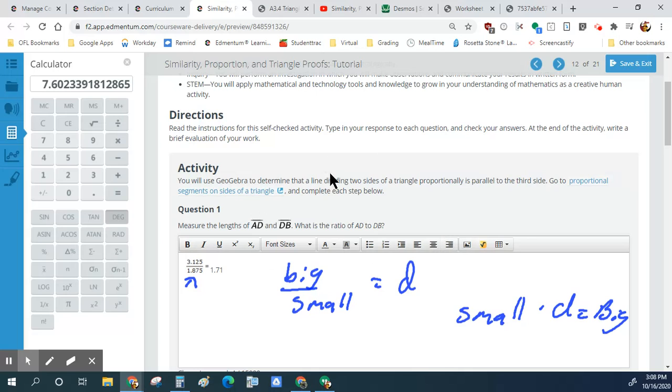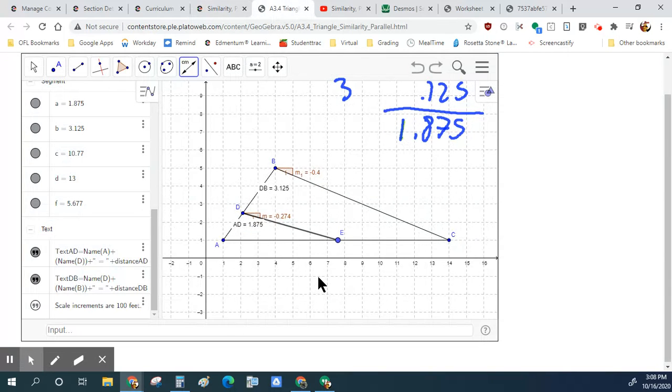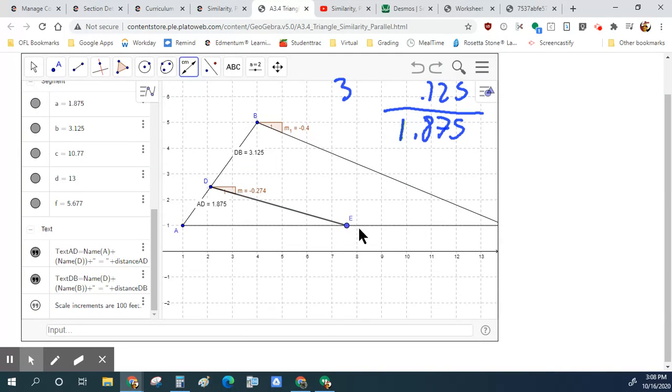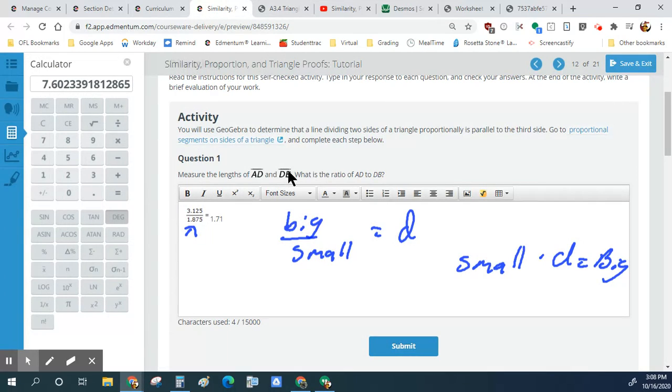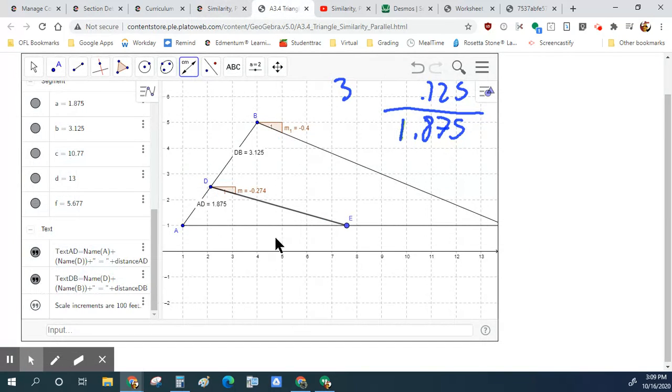So the ratio from A to B is that, and then here, my ratio. The way I went about this, guys, is wrong, because for some reason I thought I measured AB. I didn't measure AB. I measured DB. So this is the ratio.